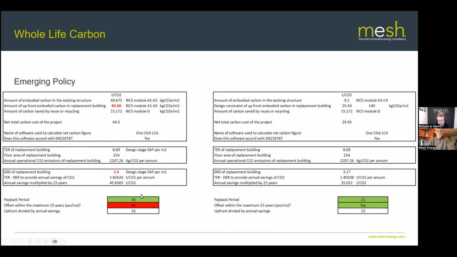Now, with the context of this project, the planners have suggested that that would be a reasonable figure, given the narrative surrounding the structural integrity of the building.